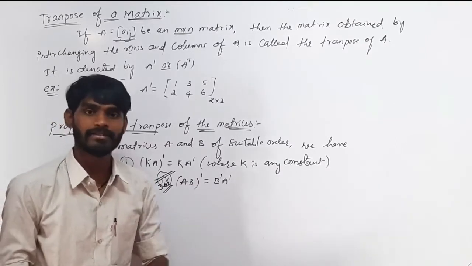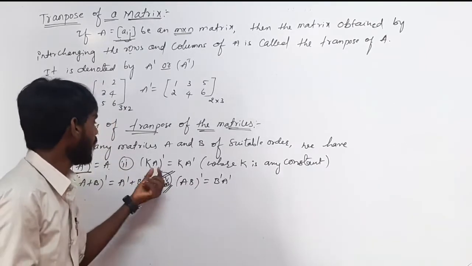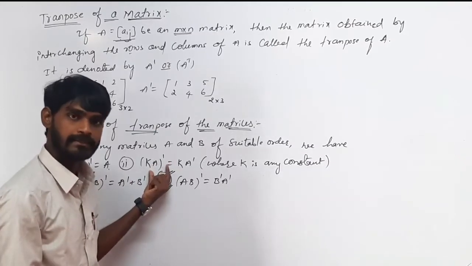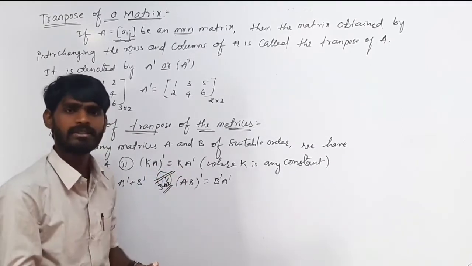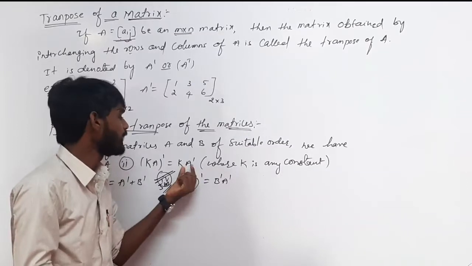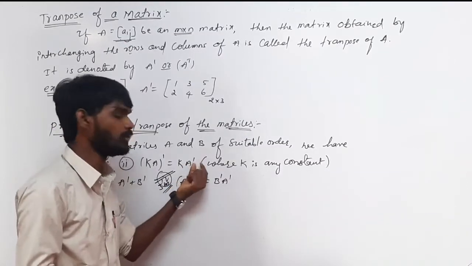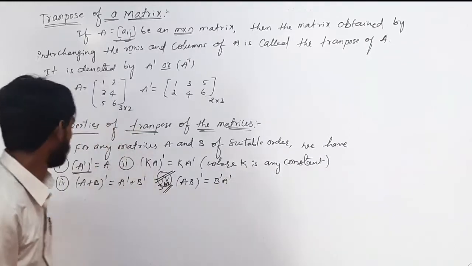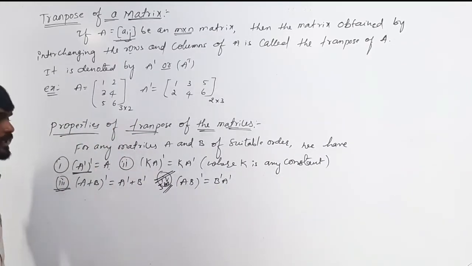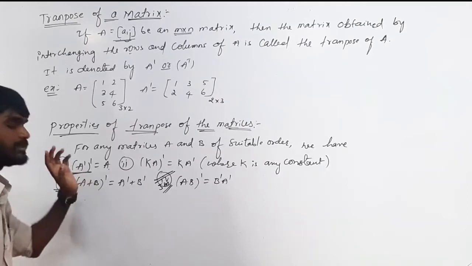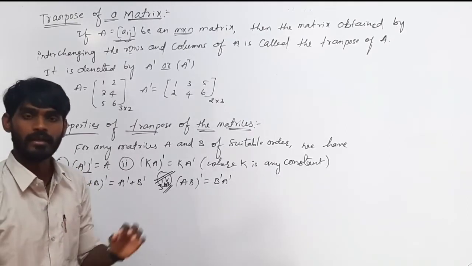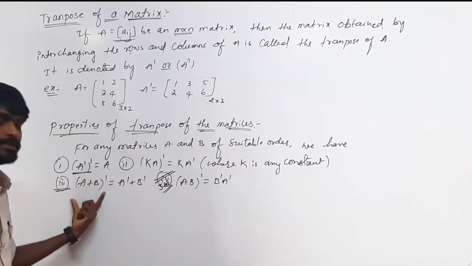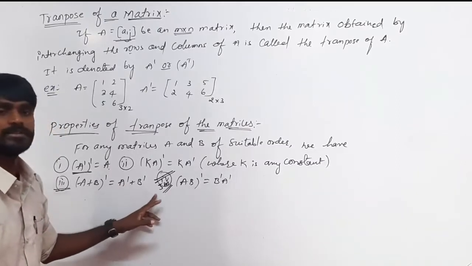After applying the transpose, we will get K into A dash, where K is any constant. Third, (A plus B) whole dash is equal to A dash plus B dash.